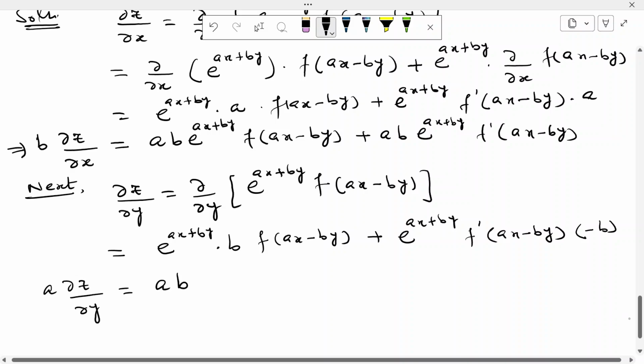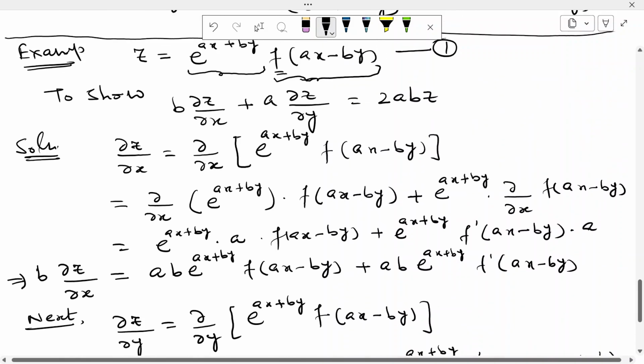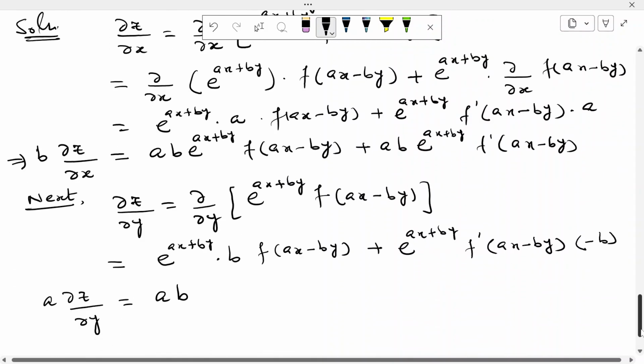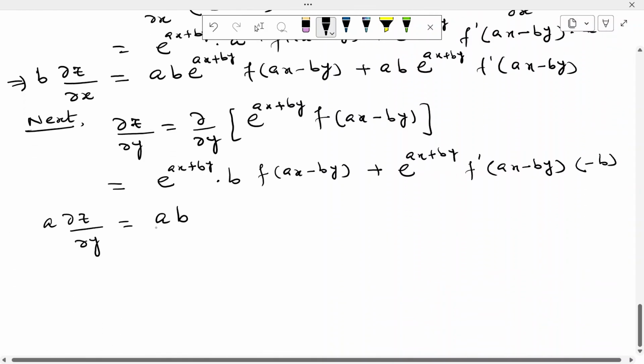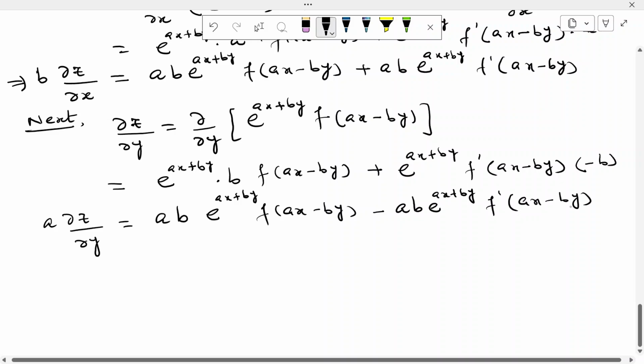Why are we finding this a times del z over del y? Because in the problem we have to show that b times del z over del x, which we already found, and a times del z over del y is 2 times abz. So this will be ab e to the power ax plus by f of ax minus by minus ab e to the power ax plus by f prime of ax minus by.